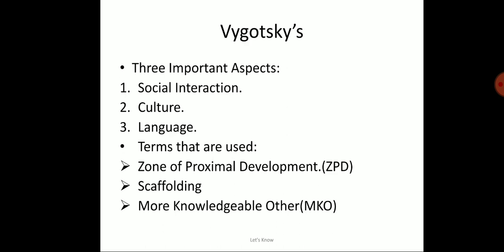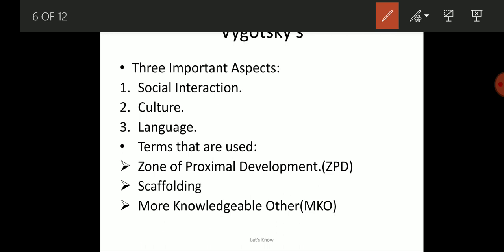As we have said earlier, Piaget said cognitive development leads to learning. Here we will see that Vygotsky says that learning leads to development, that is LD, and Piaget said DL.